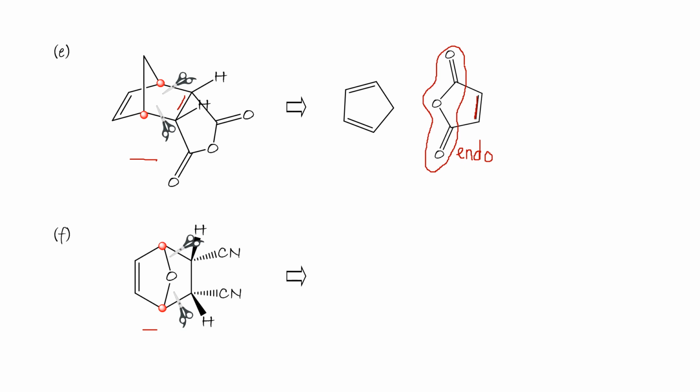They are on the same side, down, so they are endo. So when I put that as the diene and dienophile, again I draw it this way, and these two electron withdrawing groups face the pi system in endo orientation.